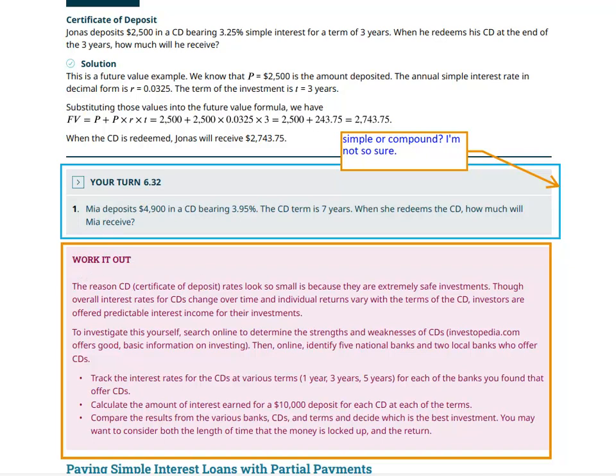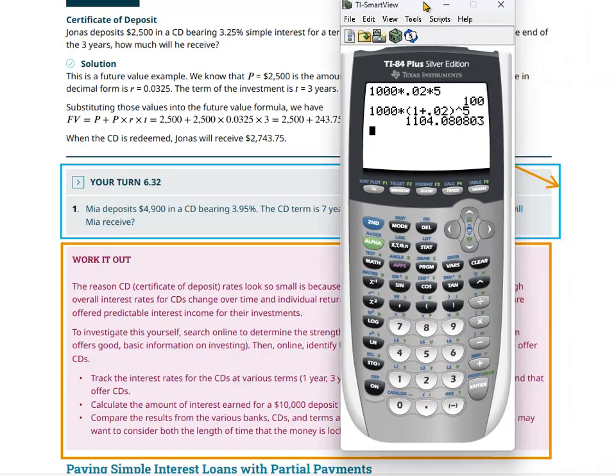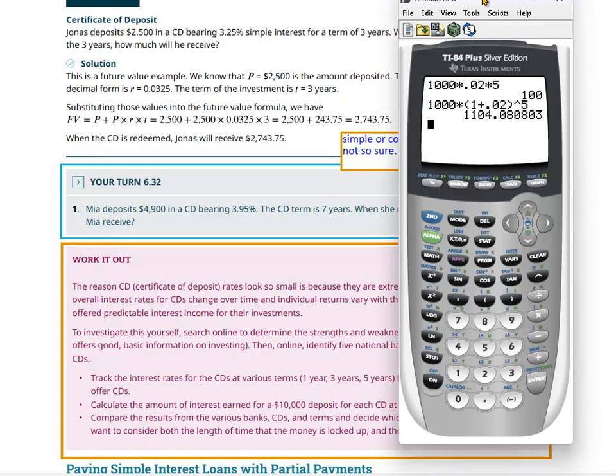So if I did that straight on my calculator, 7 years, 3.95%, so $4,900 times 0.0395 times 7 years, so an extra $1,354.85.